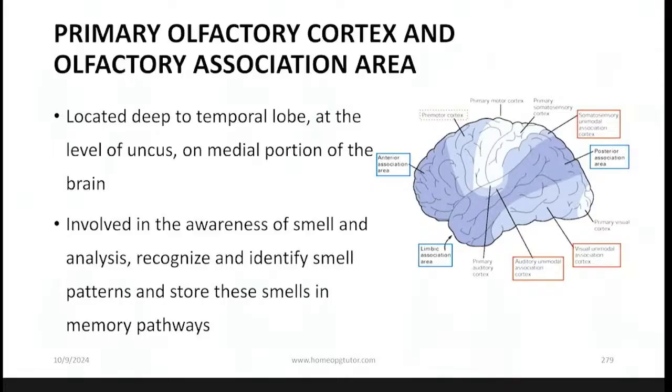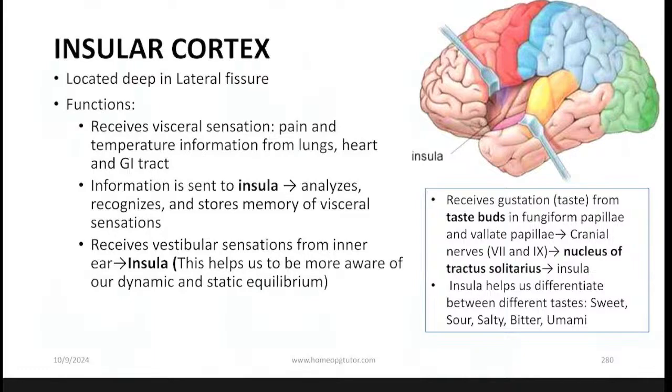Lastly, we'll see the insular cortex. I was telling you that if we cut off a little part of the area, we can actually see the insular cortex. So this area which I'm marking in red is the insular cortex, which is located deep in the lateral fissure. Okay, lateral fissure. Now there are a few functions which you have to remember. See, it receives visceral sensation.